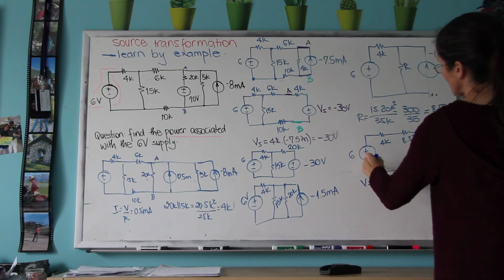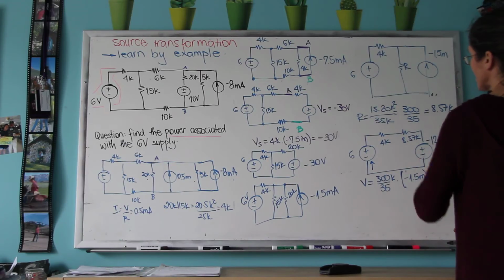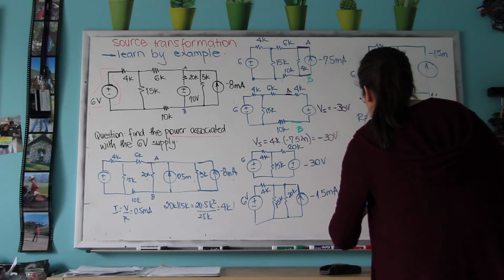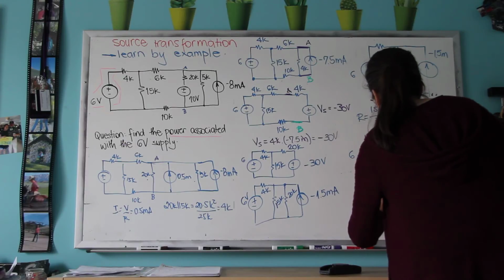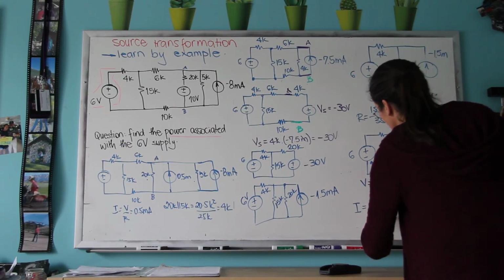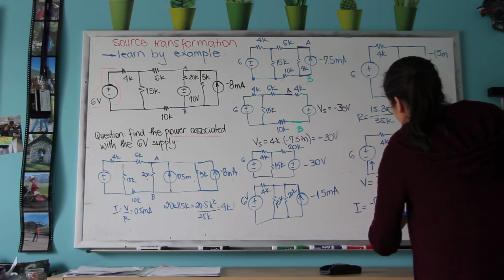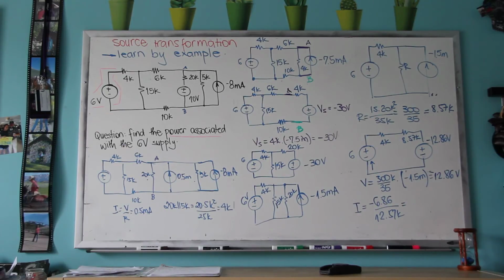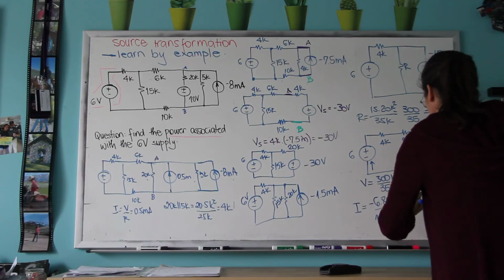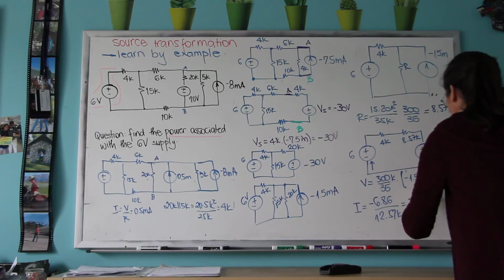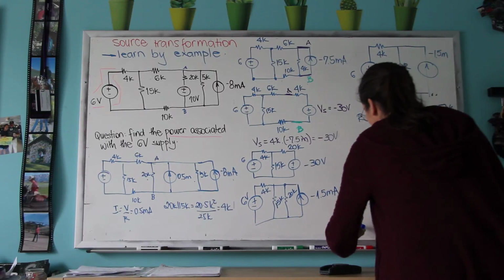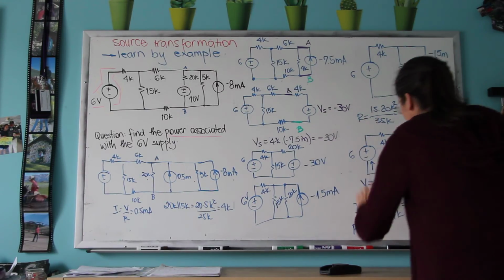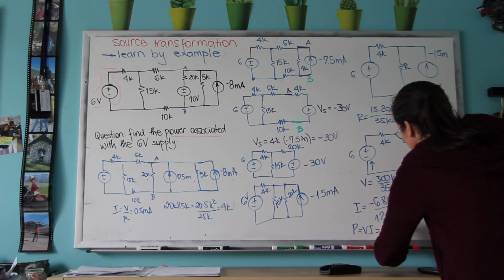And I'm going to assume that the current is going this way, even though the current is going to be the other way around, but the current will be the voltage, which is minus 6.86 divided by 12.57K, which is approximately minus 0.55 milliamps.